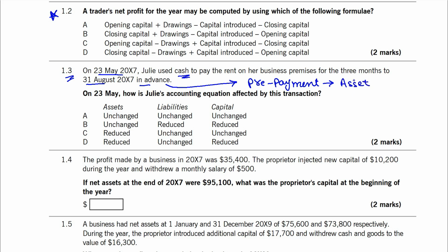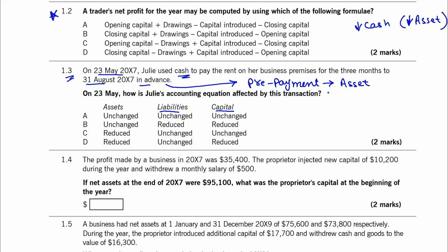So in this transaction we don't have any effect on liabilities and capital, but here we are paying cash. If we are paying cash, then that means we are reducing the amount of cash, or we can also say our assets are decreasing.